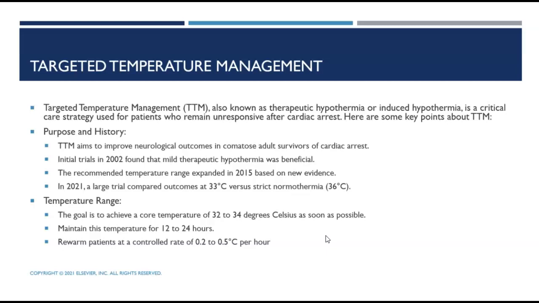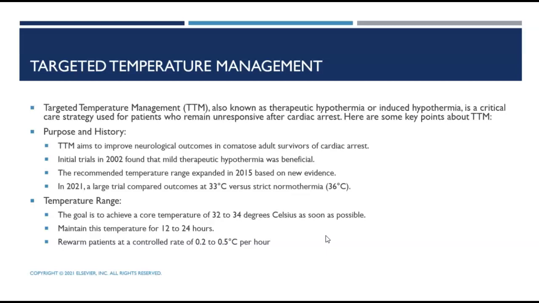So they redid these studies back in 2015 and 2021. They did this comparative study, and this is where we really changed our verbiage more to targeted temperature management, because we noticed that it wasn't really making the patient cold that benefited the patient, but making sure the patient didn't get hot.